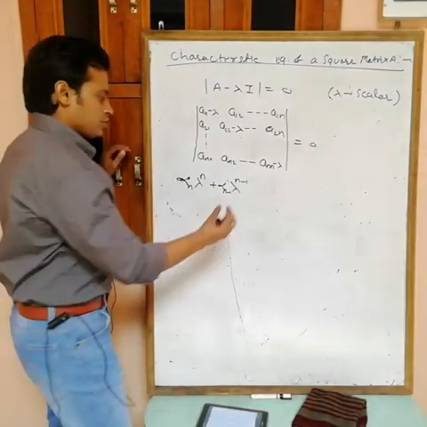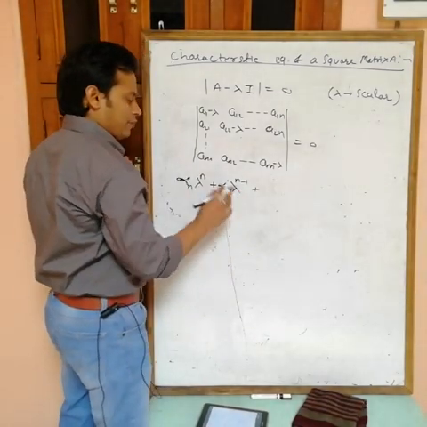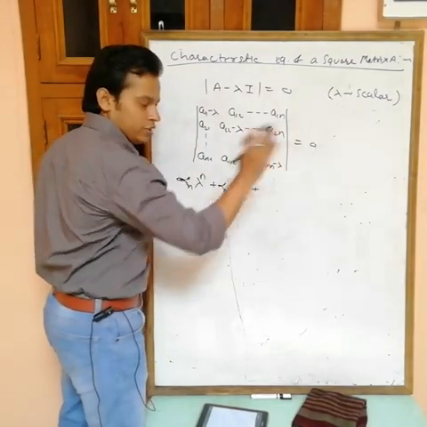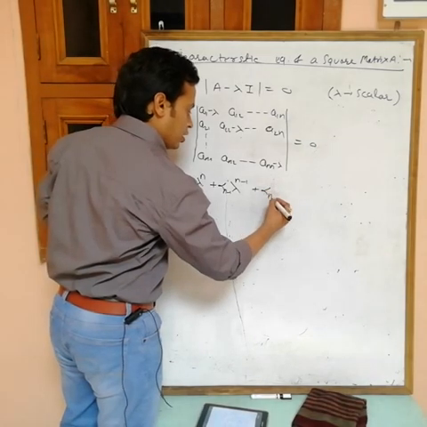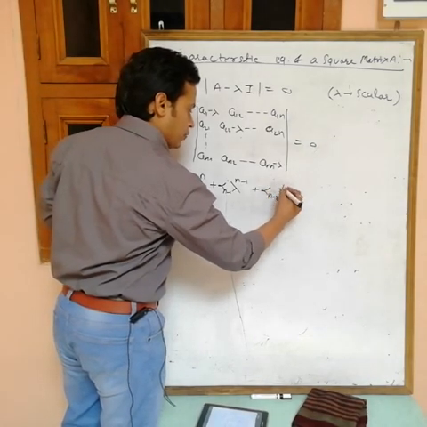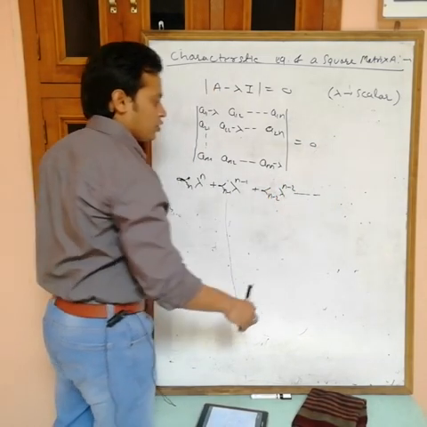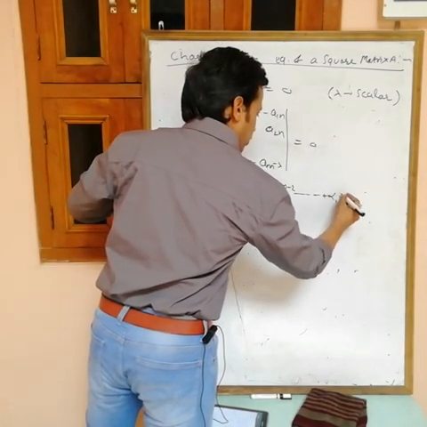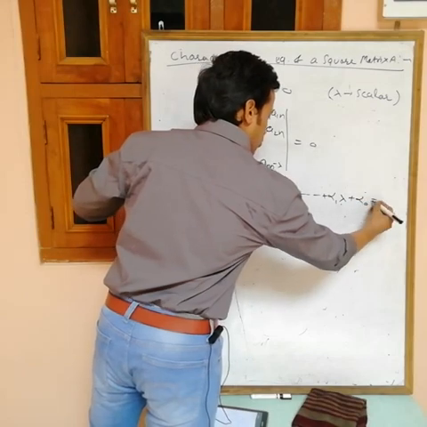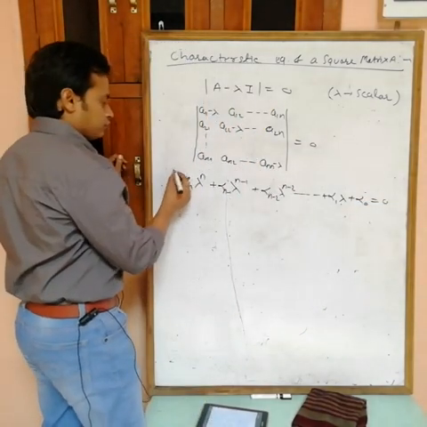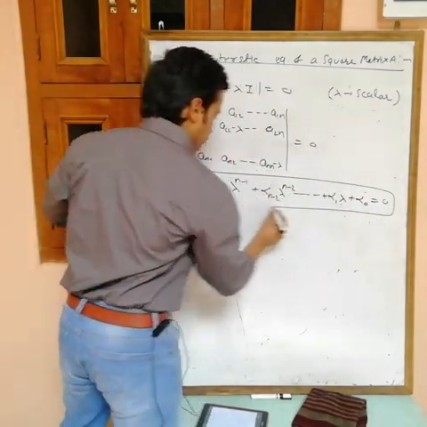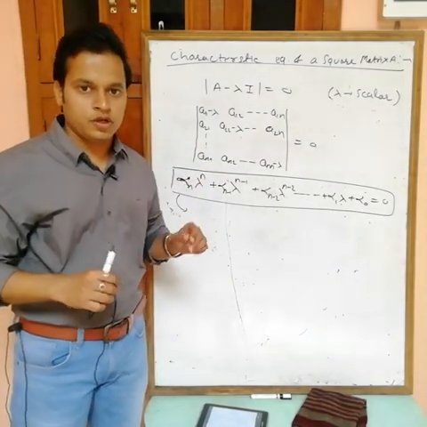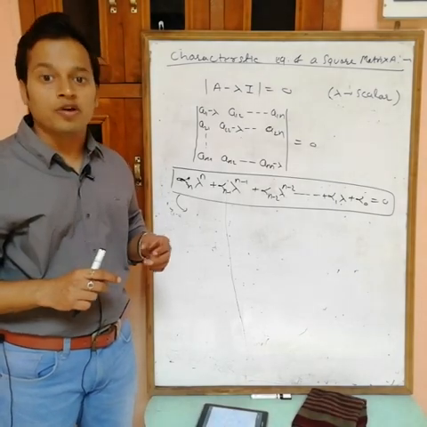Similarly, if you expand this, you will get an equation in this form: alpha n lambda power n, alpha n minus 1 lambda power n minus 1, alpha n minus 2 lambda power n minus 2, and at the end alpha 1 lambda plus alpha 0 equals 0. Now this is the polynomial equation in terms of lambda of degree n.